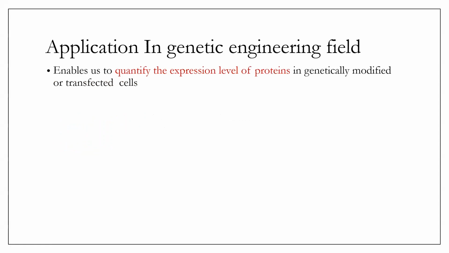Now, this was about the food sector. Let us talk about the genetic engineering field. You all know when we express anything in a certain cell, we need to check its expression level. Okay, and this is only possible when we know the proper analytical techniques.